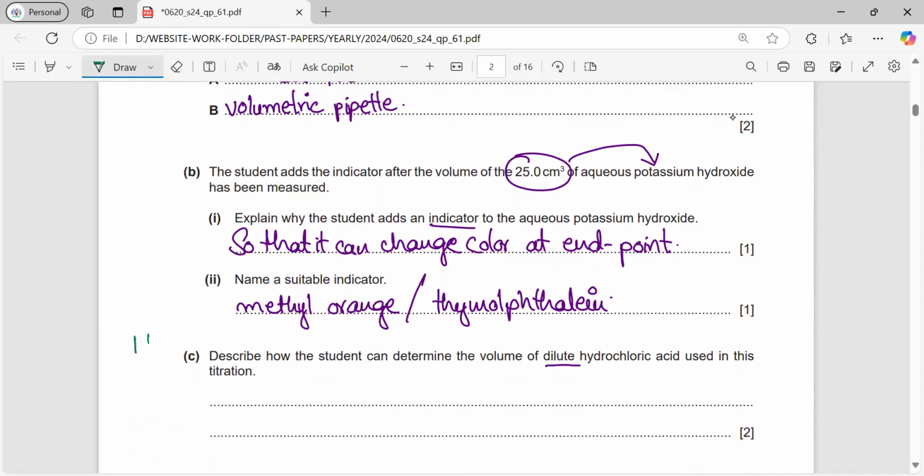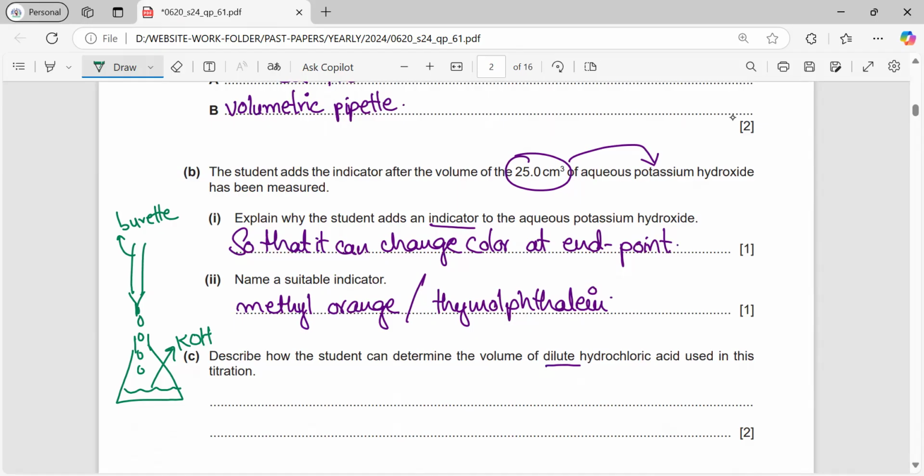So we have taken potassium hydroxide in a flask and we add the hydrochloric acid from the top by using a burette. So in the burette, we will take hydrochloric acid and we'll keep on adding hydrochloric acid into the KOH until it becomes neutral.